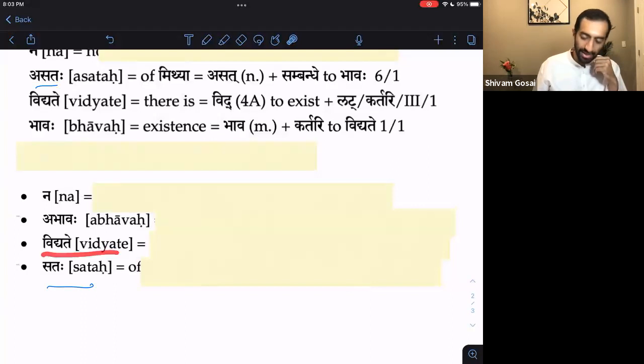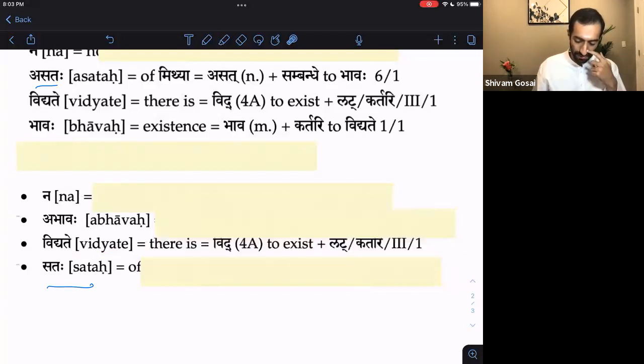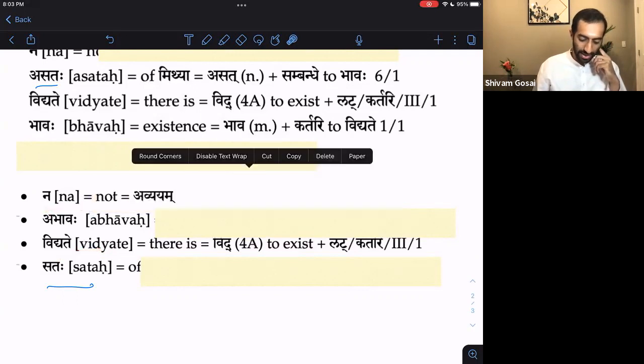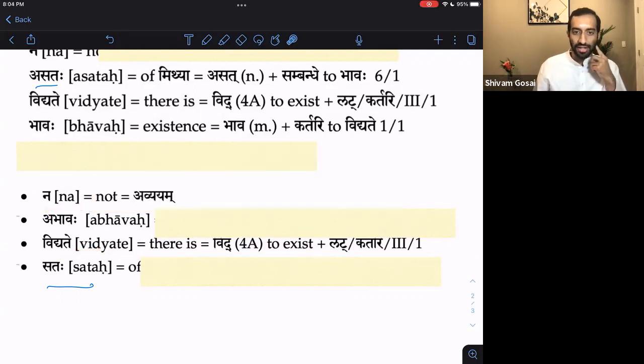Again, vidyate, now we know vidyate, right? Viddhatu, to exist, lat kartari, third one. Now, na vidyate, right? Na is an avyaya word, right? Not. So there is not.